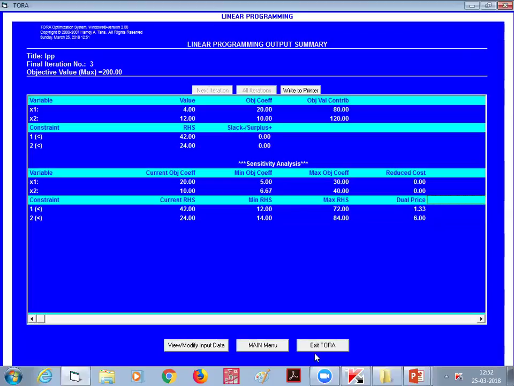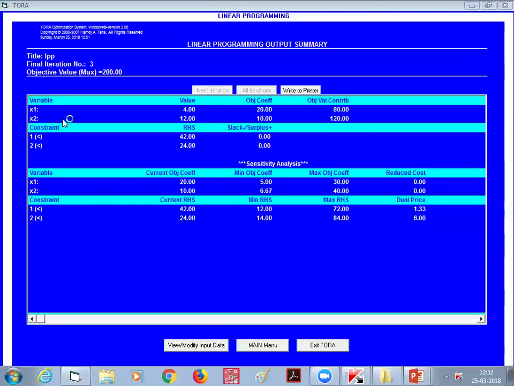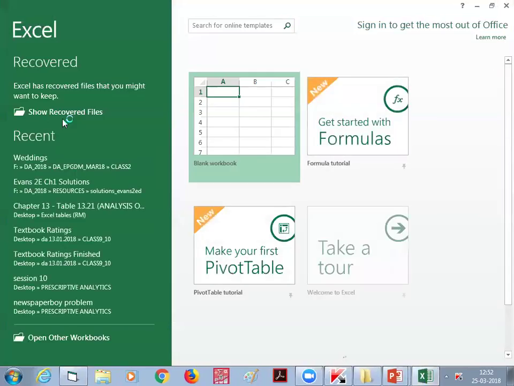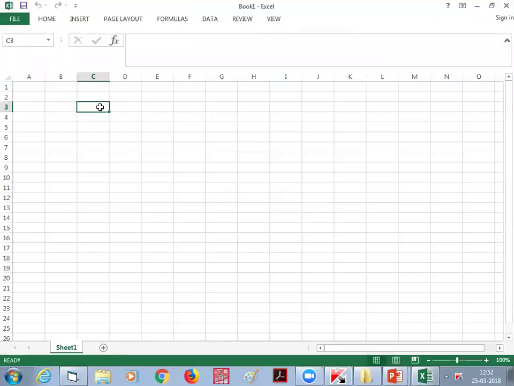Now let us also solve this in Excel as Rajesh was suggesting. I showed Torah basically because of the graph. Actually, I think it's easier to solve things in Excel and easier to modify things.